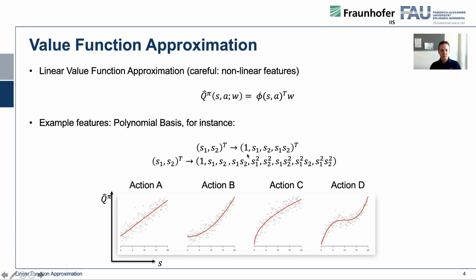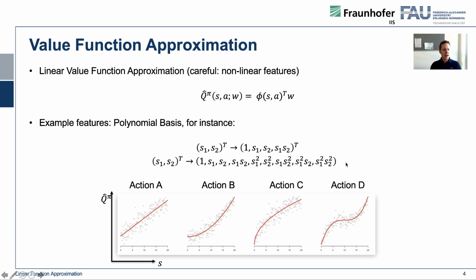If you set n equal to 2, you derive n plus 1 to the power of k, so 9 different features from a two-dimensional input space. It simply builds up to 1, s1, s1 squared, and the combination of all the different powers of the input states multiplied with each other.